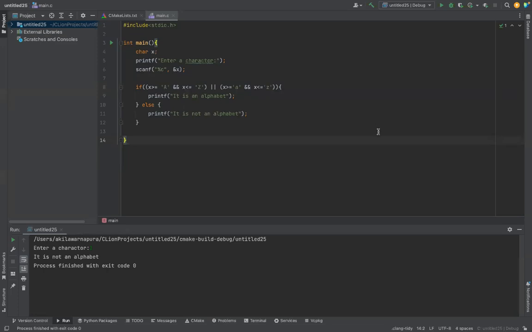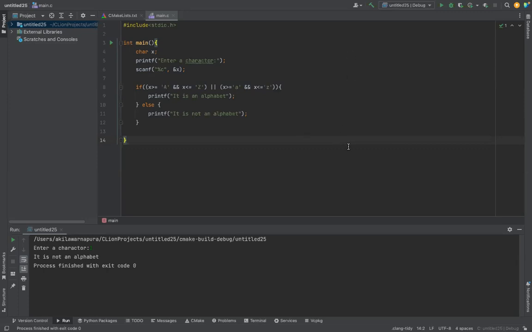In this question, if we enter a word, doesn't it check the first letter and ignore the other letters? Yes, usually if you type a word, it takes only the first character, I think. That means if you try to use a string value for a char, it takes only the first character. I think the other characters will be ignored. Therefore, if it is a char value, type only one character.